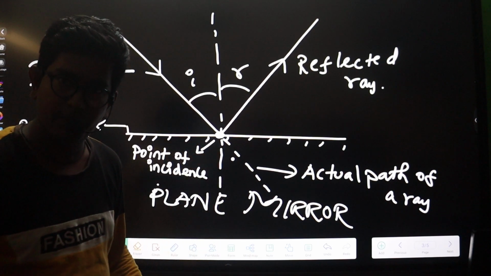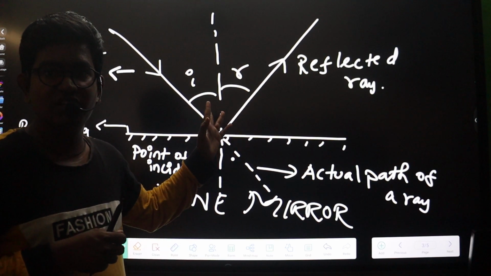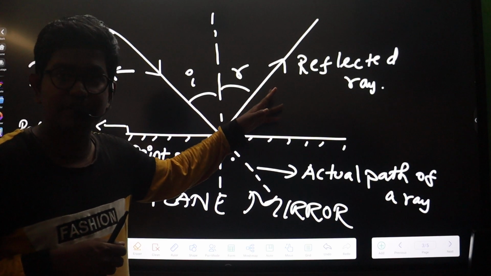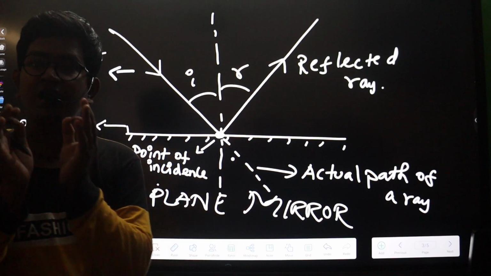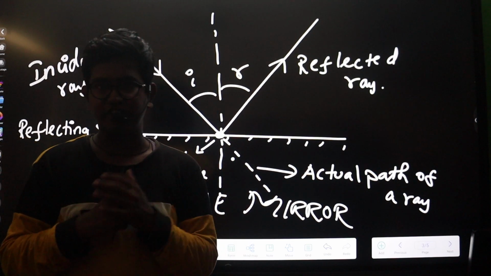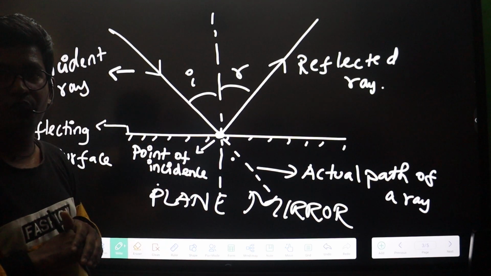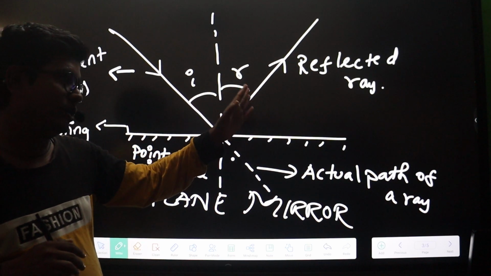After drawing the normal at the point of incidence, the angle made between the incident ray and the normal is known as the angle of incidence, and the angle made between the reflected ray and the normal at the point of incidence is known as the angle of reflection. So here we have studied two more definitions for two more new parameters, that is angle i and angle r.